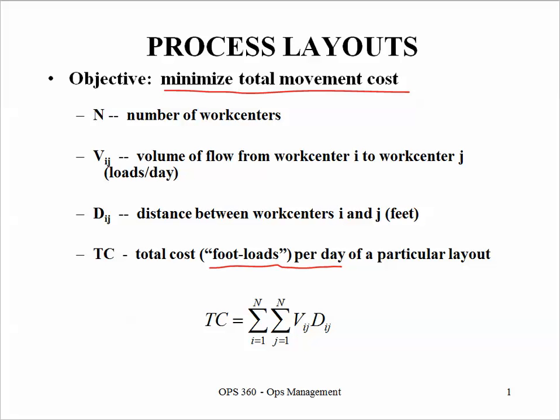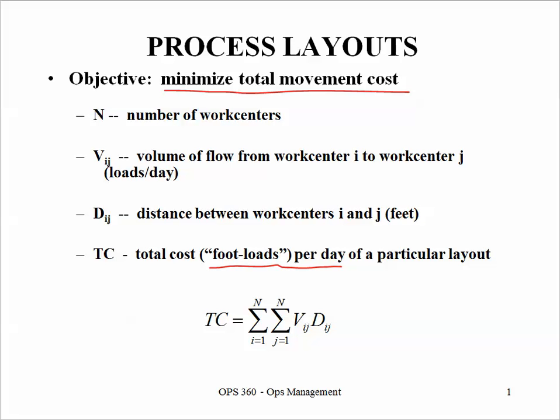And if you're doing that every day, that's 20 footloads per day for moving that bin 20 feet. On the other hand, if you had two bins that were each being moved 20 feet per day, that would be a total of 2 times 20 equals 40 footloads per day.